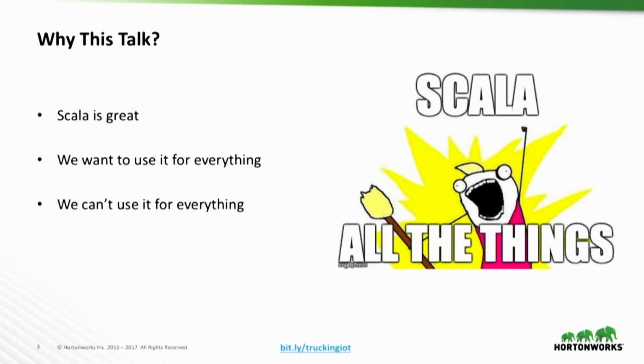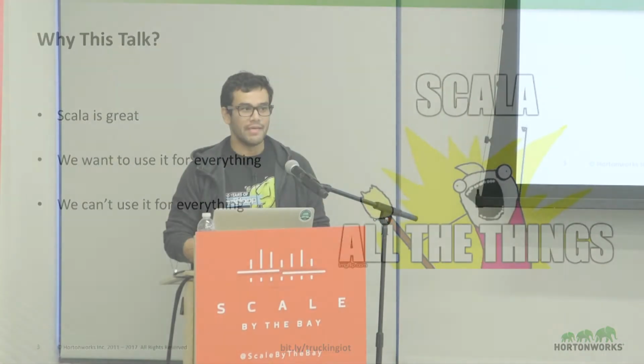So why this talk? Scala is great. Everybody loves Scala. But when it comes to big data, one of the main entry points for Scala developers is streaming or machine learning. These entry points, coupled with the fact that there's a lot of value in streaming and machine learning, make it difficult for us to explore other parts of the big data pipeline.